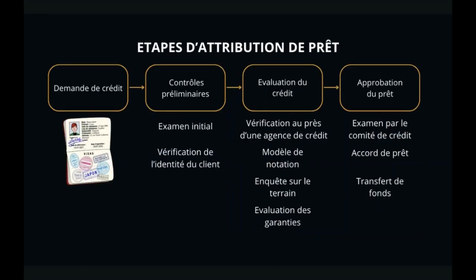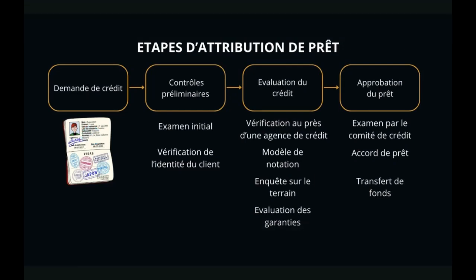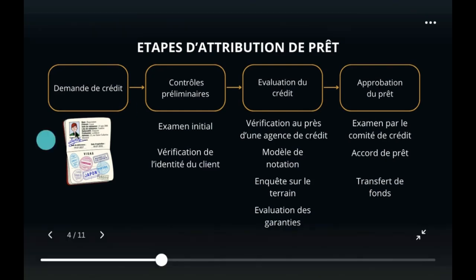Alright, now let's move on to the different steps involved in granting a loan. So when someone wants to obtain a loan, the process always starts with an official application. This can be an online application, or the borrower can go directly to the branch. And they provide a set of documents such as identification, proof of address, pay slips, bank statements, and many other documents.